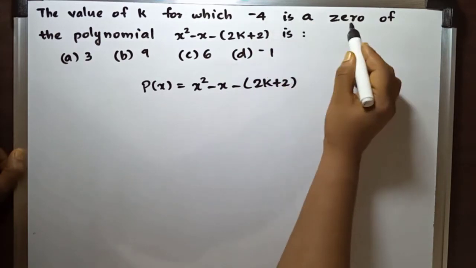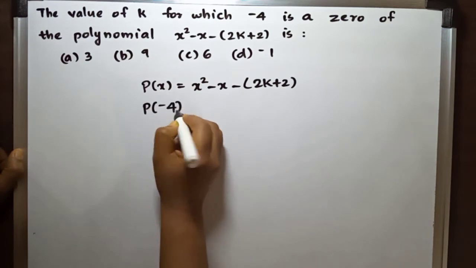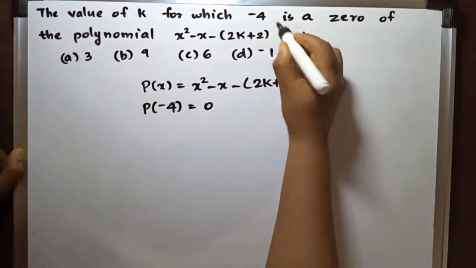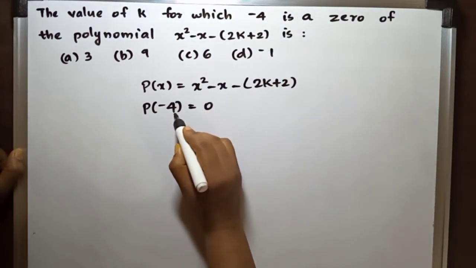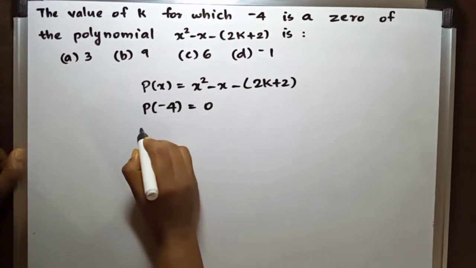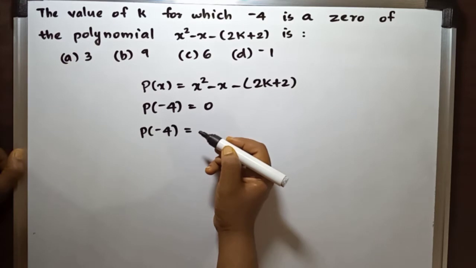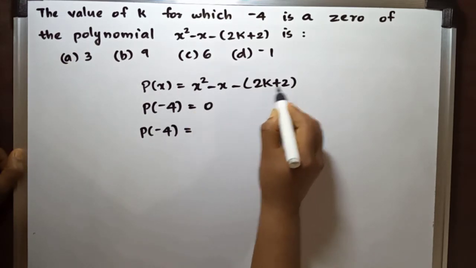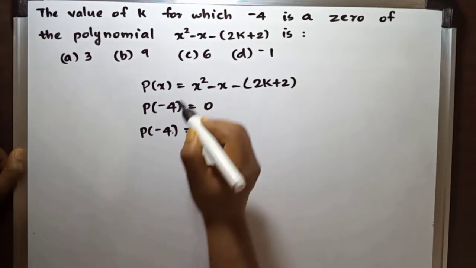Minus 4 is a 0 of the polynomial means p of minus 4 is 0. Now, I am going to find what is p of minus 4. That means in this expression, I have to give minus 4 as the value of x.